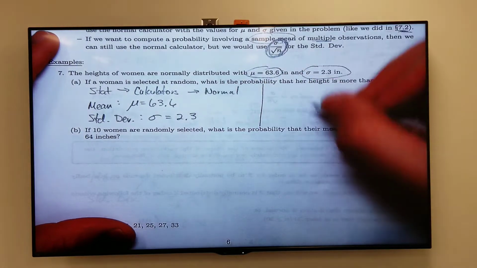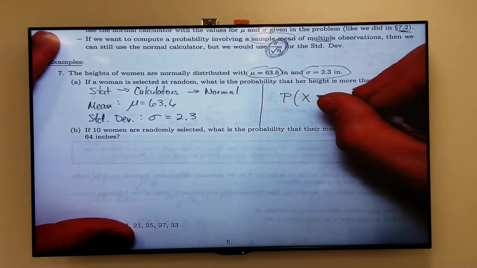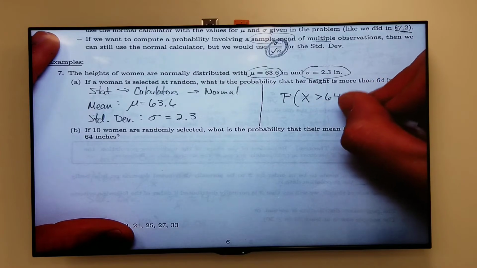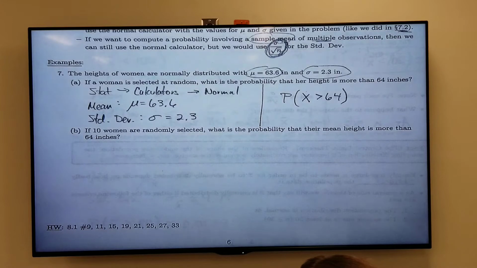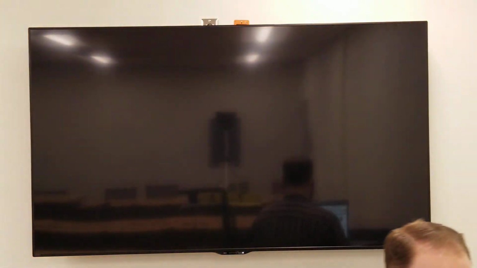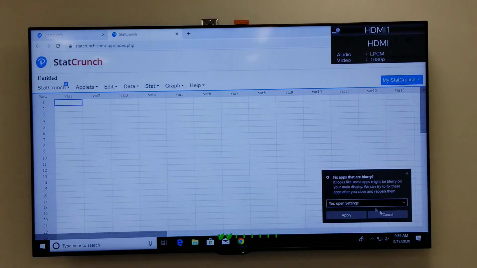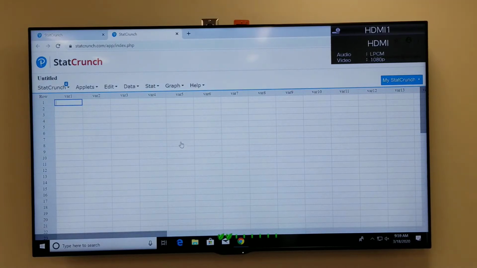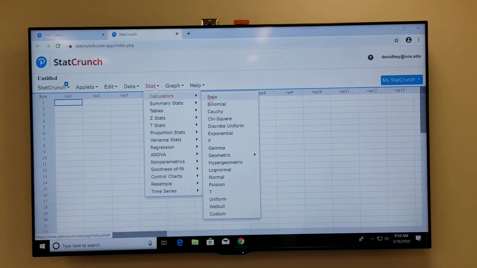So we're looking for the probability that that woman is more than 64 inches tall, so the probability x is greater than 64. Let's go to StatCrunch and figure out this probability. We'll go to Stat, Calculators, Normal.